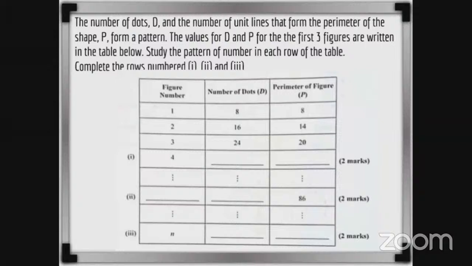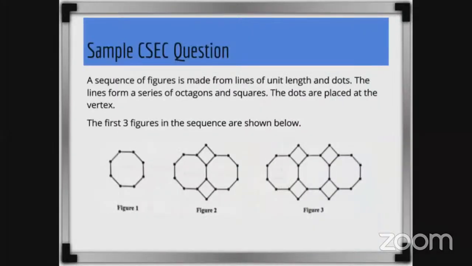All right, so I'm going to go back to the pattern a little. We spoke about the number of dots, and you can count them. You can see 1, 2, 3, 4, 5, 6, 7, 8 dots in the first figure, which is the octagon. For figure 2, how many dots would you see?